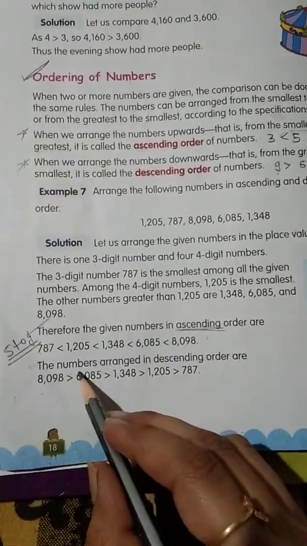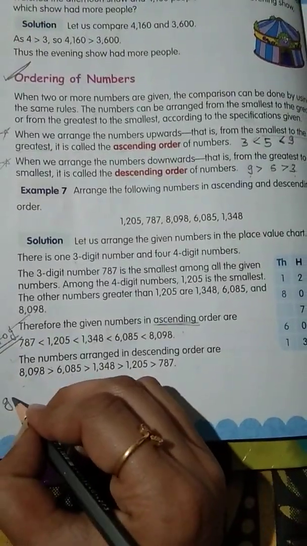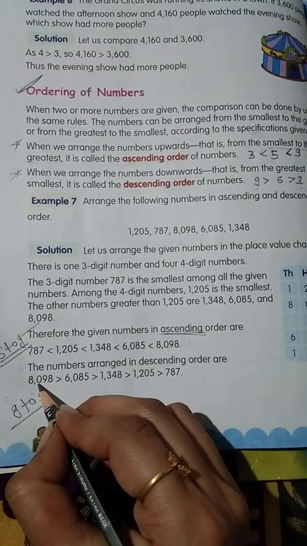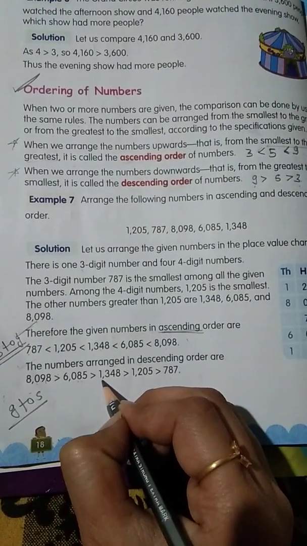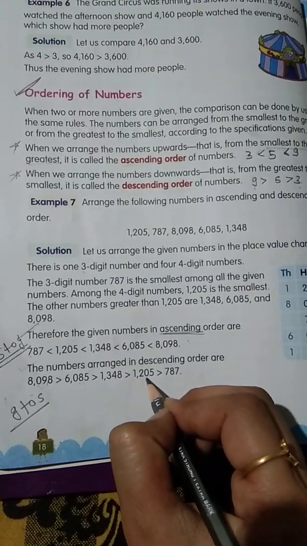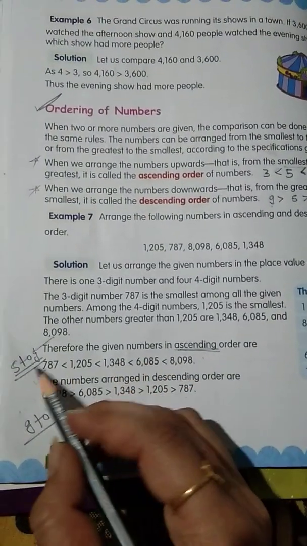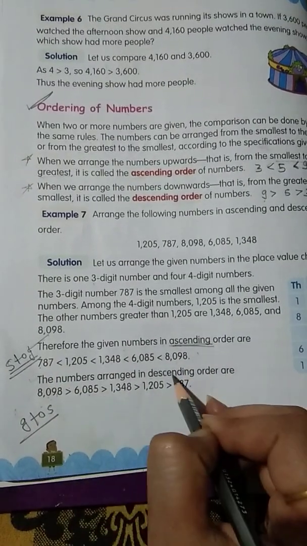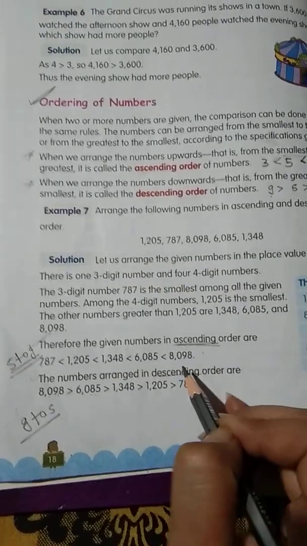And the numbers arranged in descending order are, descending means greatest to smallest, like 8098, then 6085, 1348, 1205 and 787. So smallest to greatest is ascending, greatest to smallest is descending. This is the order of the numbers. All of you understood?